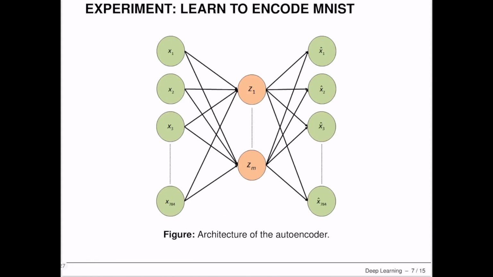So this is a simple architecture we use. We have 784 input neurons. This is exactly the number of pixels that one would need to represent these images of handwritten digits. And we have M hidden neurons in the middle, and then map back to the 784 pixels.